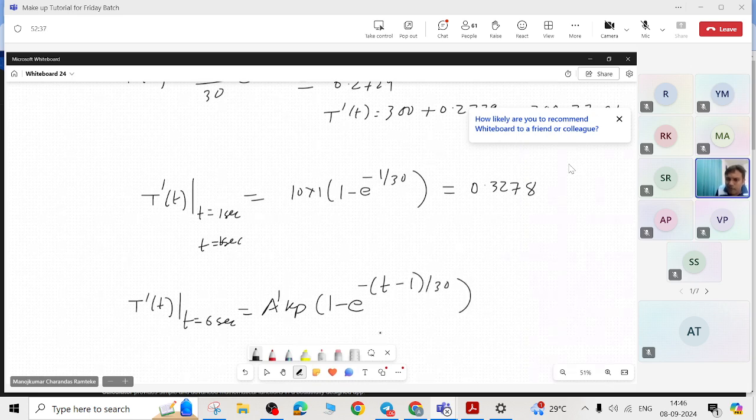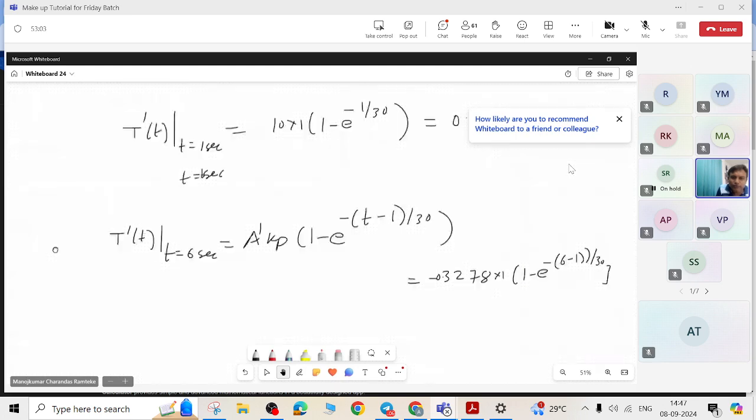Now what will be A dash? A dash will be minus 0.3278. Kp is 1 minus e raised to the power minus (6 minus 1) by 30. Calculate this value.